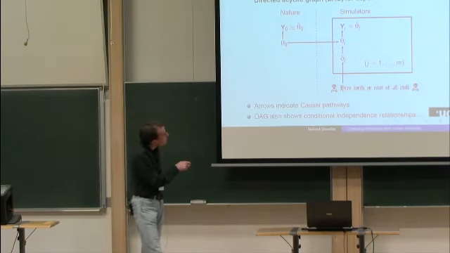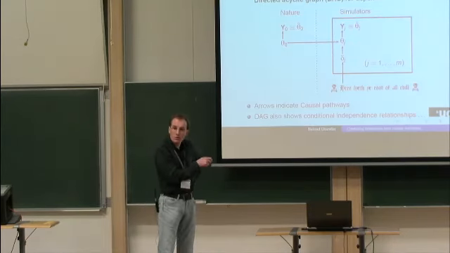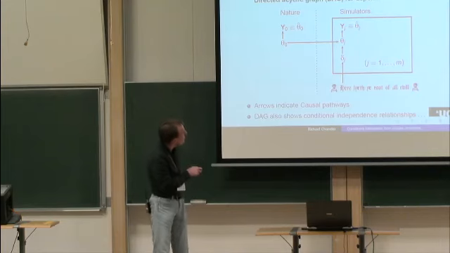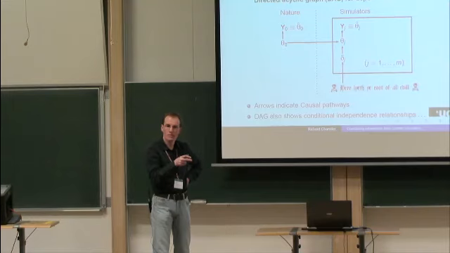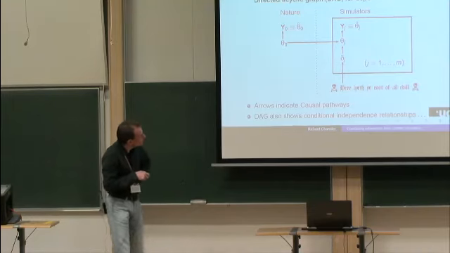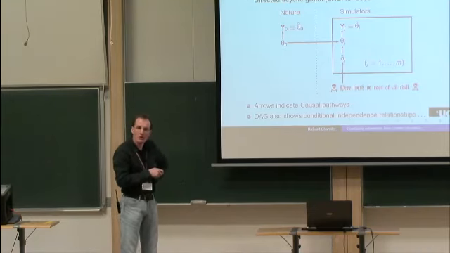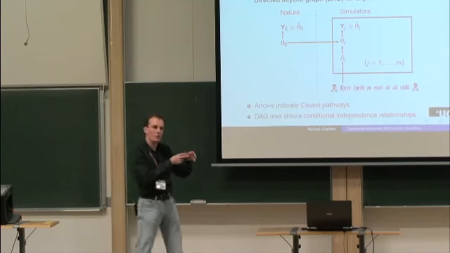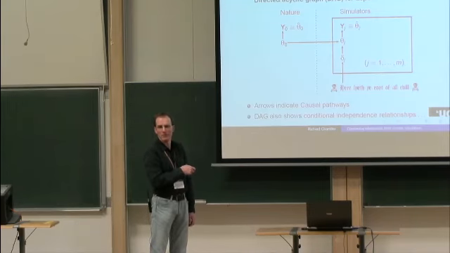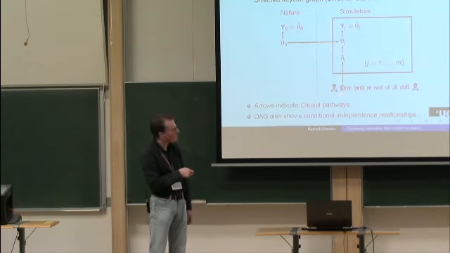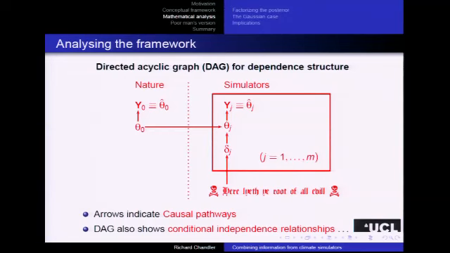But we know that climate simulators are imperfect, so the thetas you get for your climate models don't depend just on the actual climate, they've got all this nasty stuff, the biases, in all of their properties.